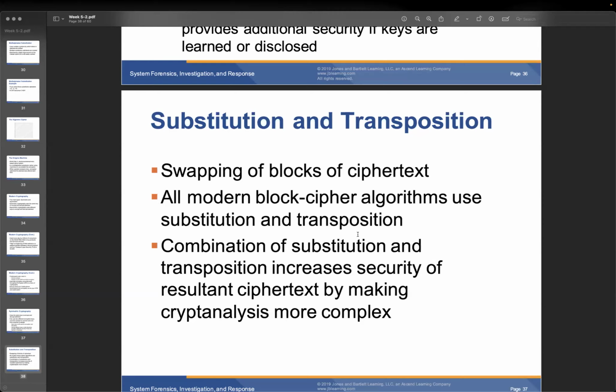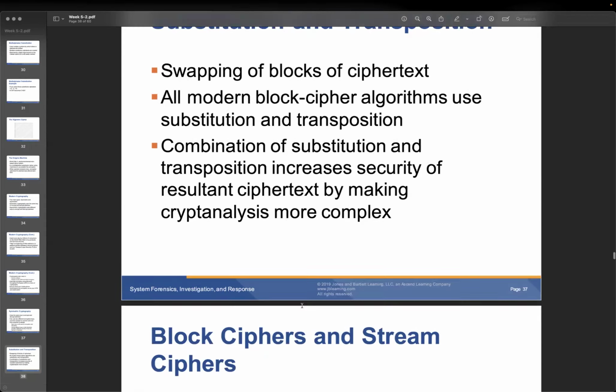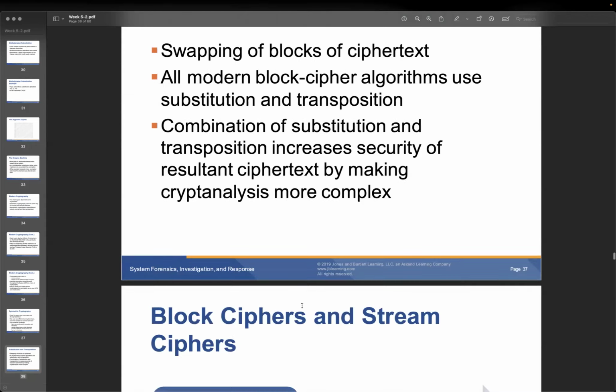You see that even with symmetric or asymmetric, some content is still easy to expose. So we combine different methods, mainly substitution and transposition, to make the encryption more complex.